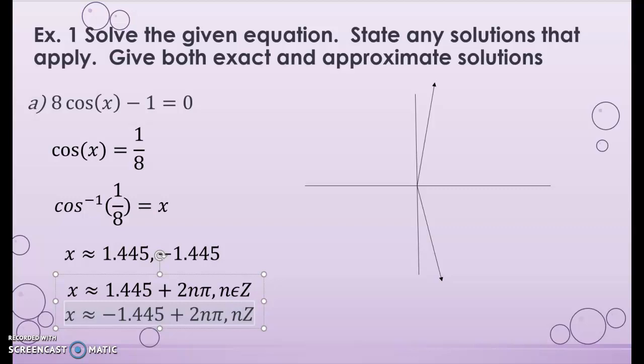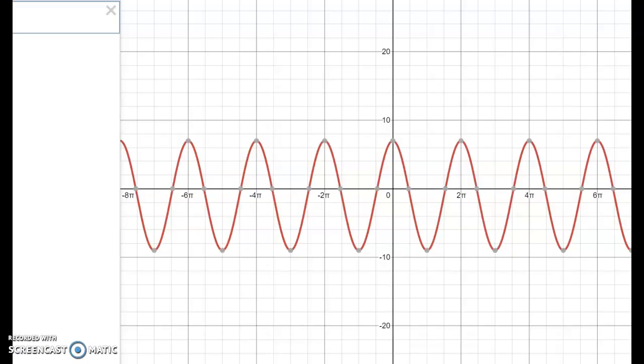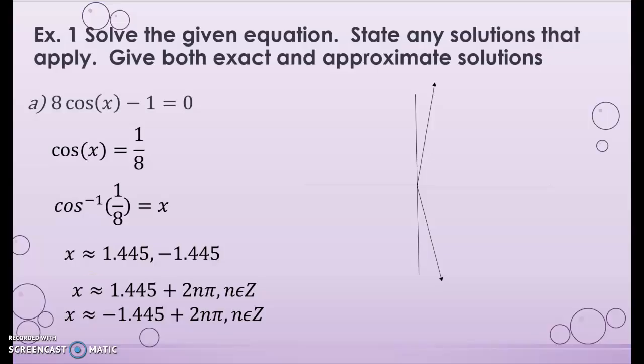Oh, here it is. Okay, so that right there will actually cover all the solutions, the infinitely many x-intercepts that we see right here. Okay? So going back, let's do the second one.